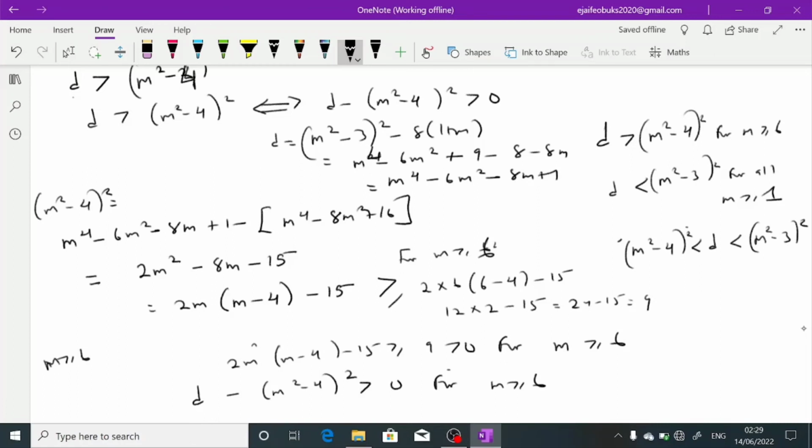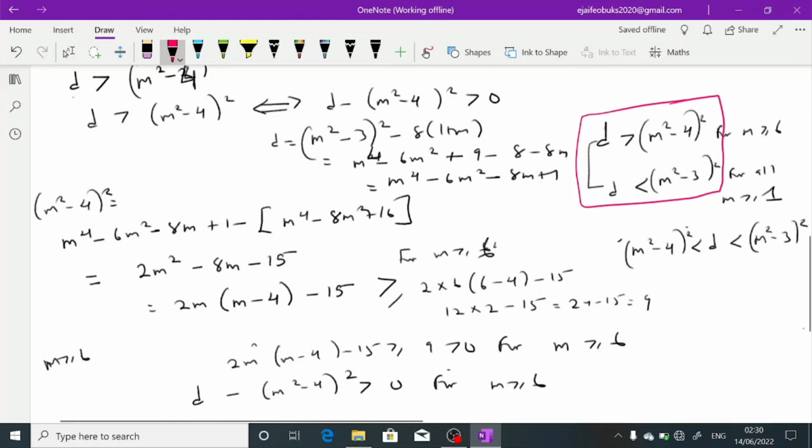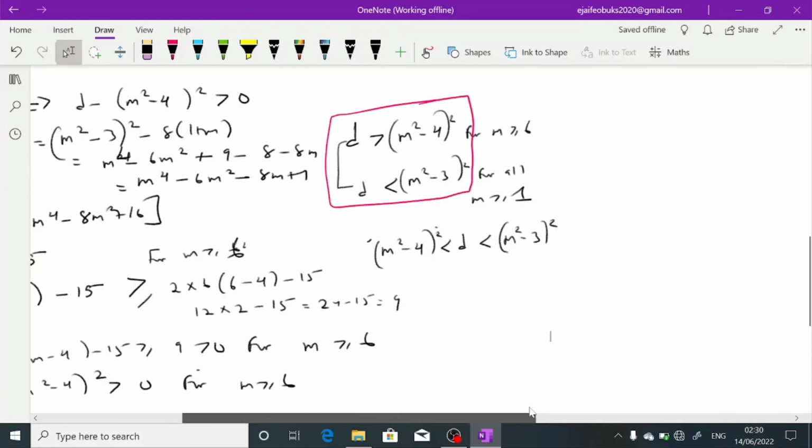So we have this, combining these two inequalities. You can see that the major part of the problem was finding this. Okay, we have this.